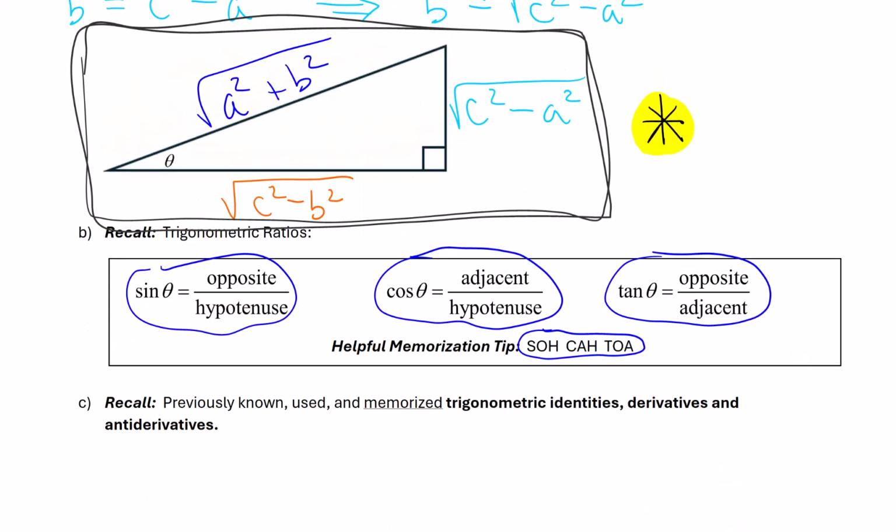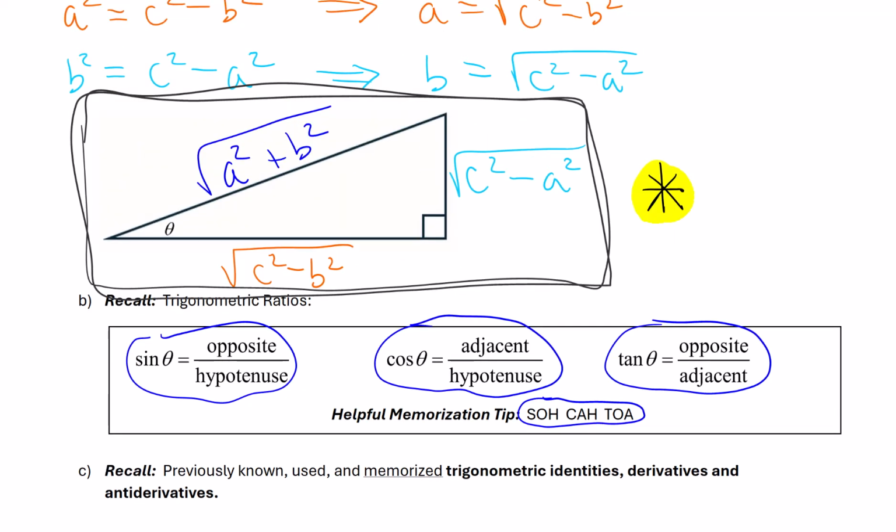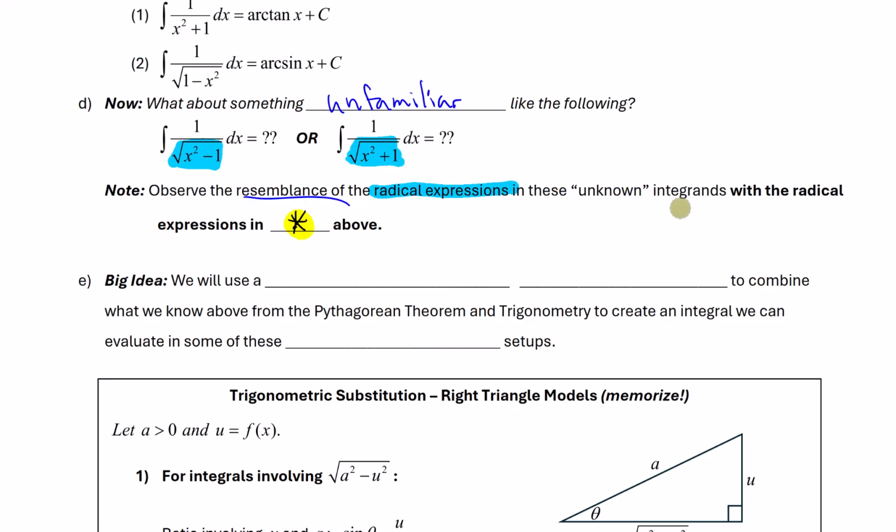If you scroll back up, you will find that I starred the second right triangle we were constructing using the Pythagorean theorem, where we replaced A, B, and C with their radical equivalents, those root expressions. Notice some resemblance in those root expressions with what we're now seeing in these denominators of these unfamiliar types. That's what we're going to try to leverage to understand how to get through what is previously unfamiliar to us, but I think now might be doable with all of this in mind.